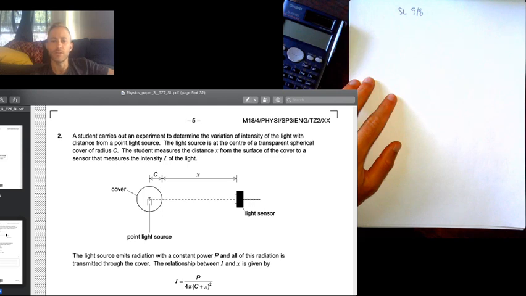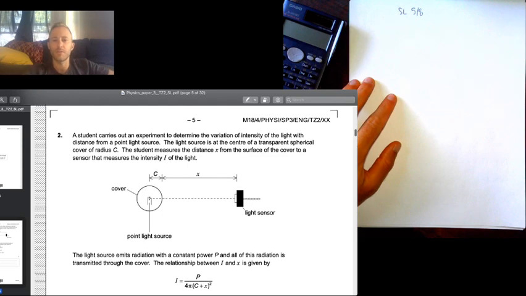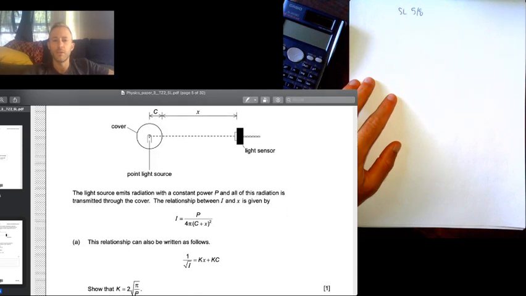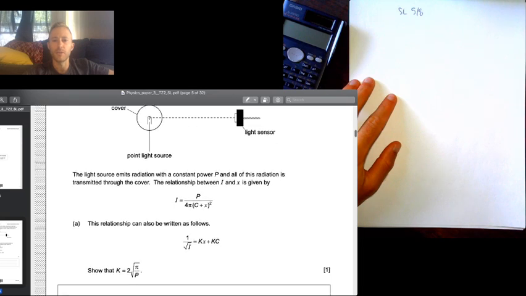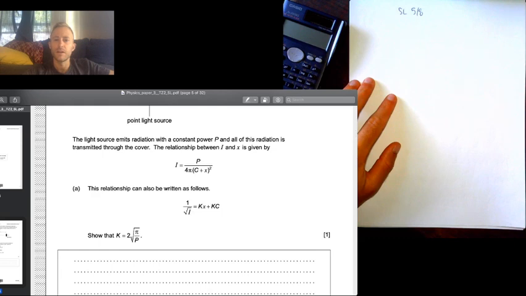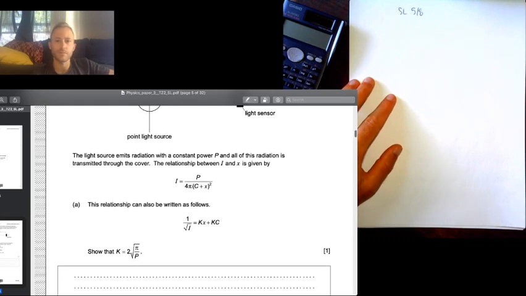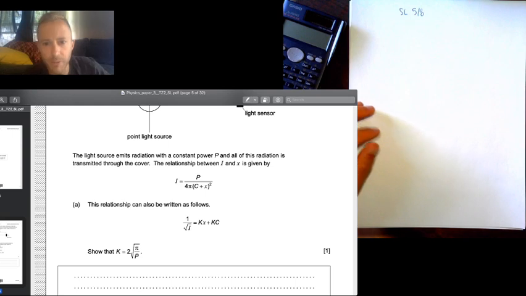The relationship between I and x is given, which can be written in a linear form. Show that k equals 2 times the square root of pi over P.